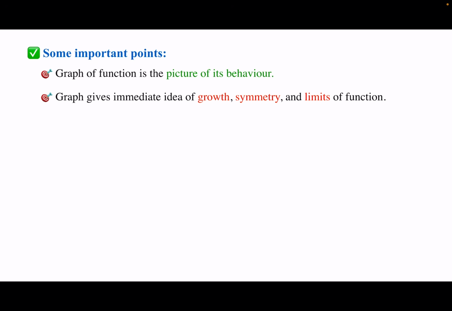Symmetry means whether the function is symmetric about the y-axis, symmetric about the origin, or not symmetric at all. A graph tells about the limits of a function also. It shows what happens when x tends to infinity or x approaches a critical point or any other value.